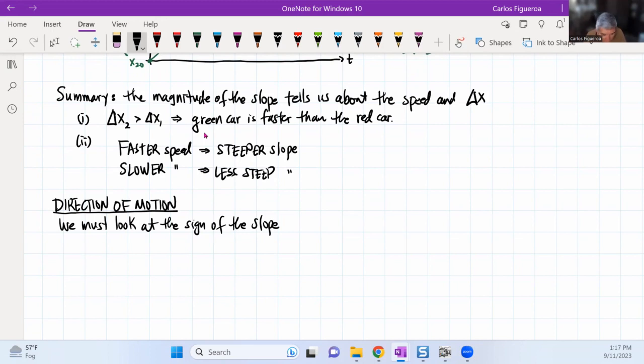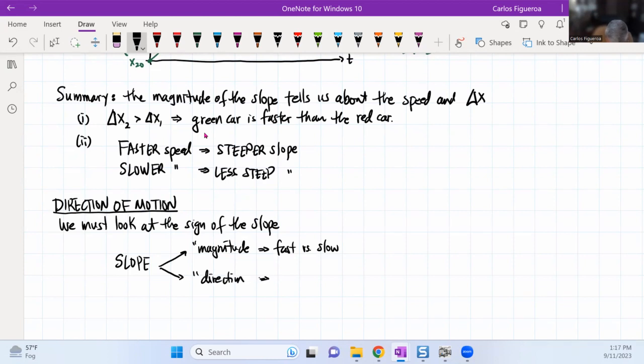The slope is not a vector quantity, but it definitely feels like it, because when I look at the slope, I get two pieces of information. One is the magnitude, where we were able to differentiate between fast versus slow. We've already talked about that: we look at the steepness of the slope. Now we're focusing on the direction.